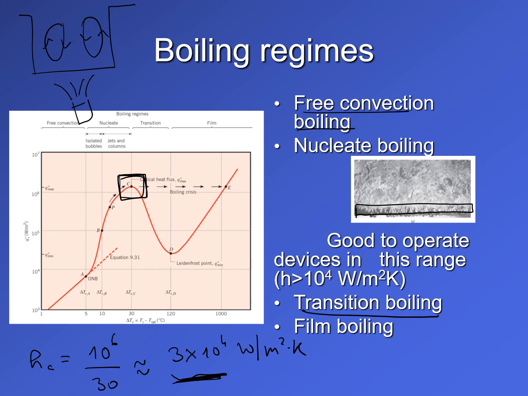Well, this is water we are talking about, so it's 30 degrees centigrade. So if you are cooling nuclear rods using water, which is typically what is done, you're dealing with a surface temperature of only 130 degrees centigrade, which is really good, and your heat loss is extremely high, which is also very good. And this point C is called the critical heat flux point.